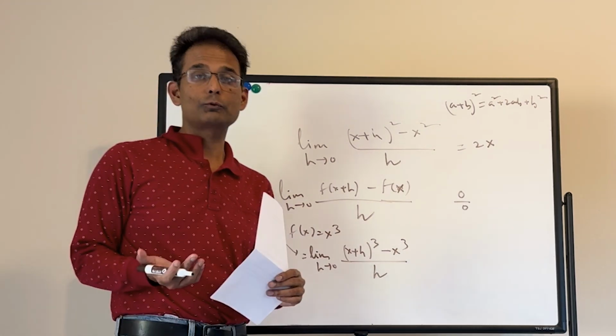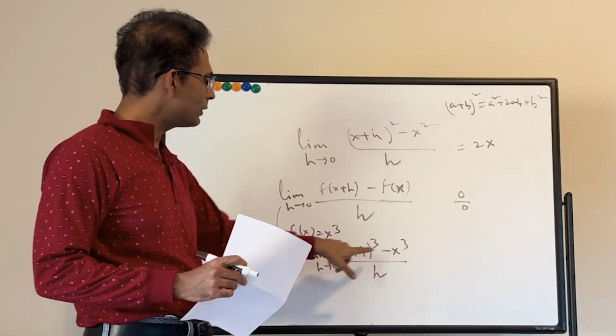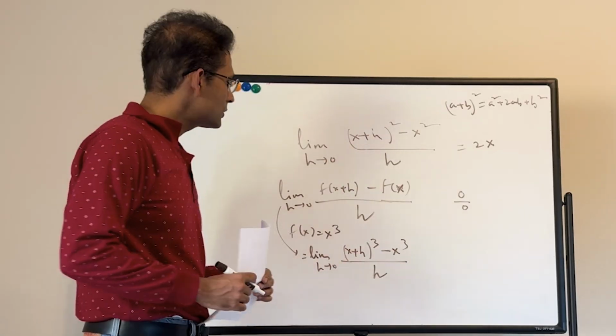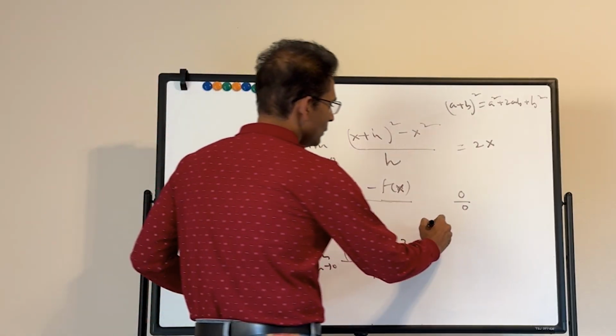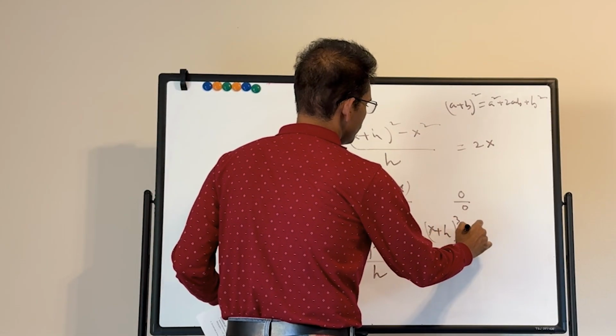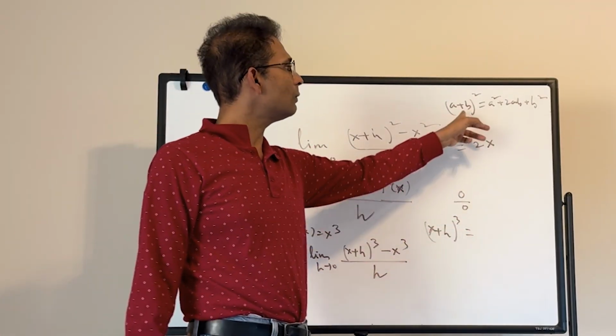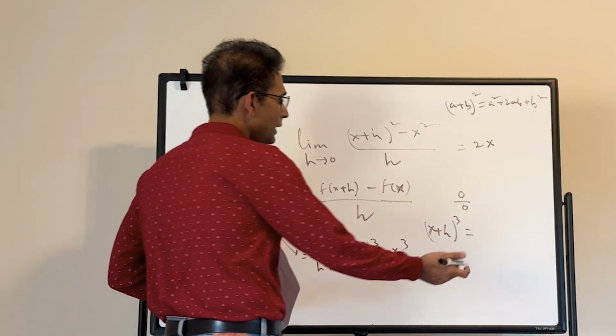So next, what should you do? Just like in this problem, we're going to expand the numerator. How are you going to expand it? What is the formula for x plus h cubed? You don't need a formula. You know x plus h squared, so you can find it.